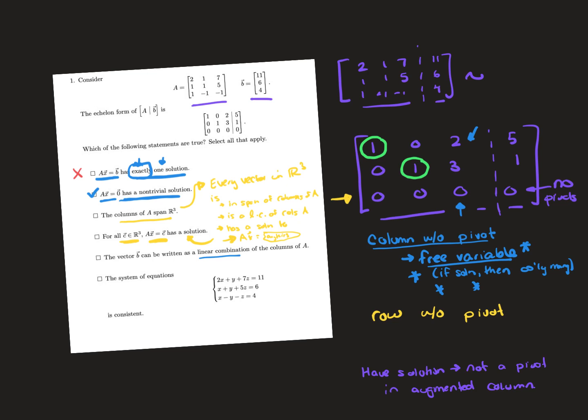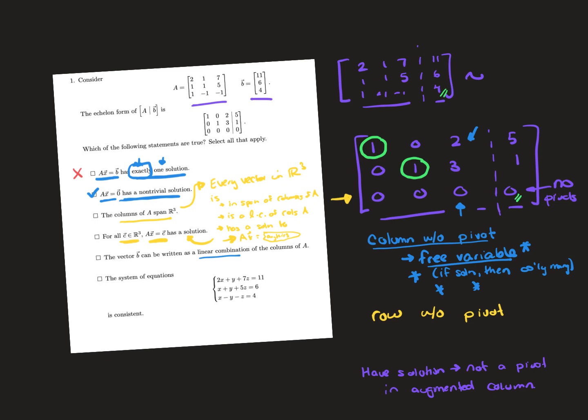We're asking ourselves if it's true that no matter what vector I put over here, I don't have to use the specific b, I'm allowed to put any vector I want over here. And then I'm going to row reduce, and I want to check what happens over here to see if there is a solution. Now what we notice is for this special b that I chose, we did get that nice 0 here in the augmented column.